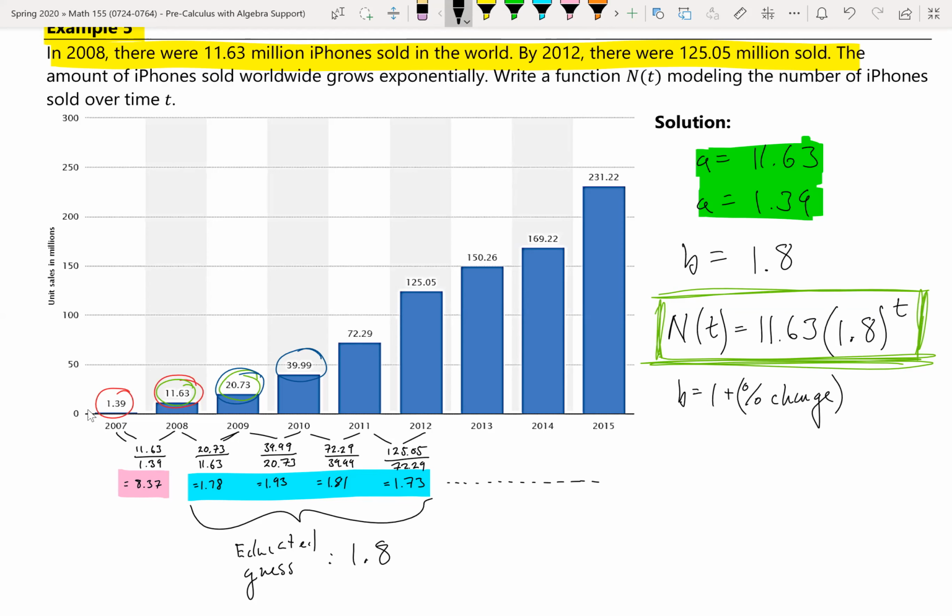Since it's a growth. And we just sort of guesstimated that that B is going to be around 1.8. Does that make sense? This tells us that our percent change is about 0.8, which is what percent?